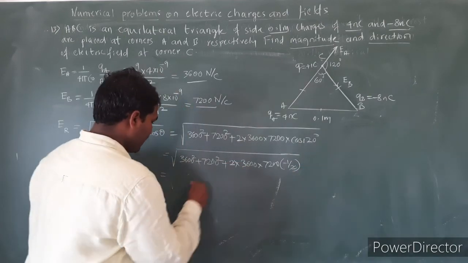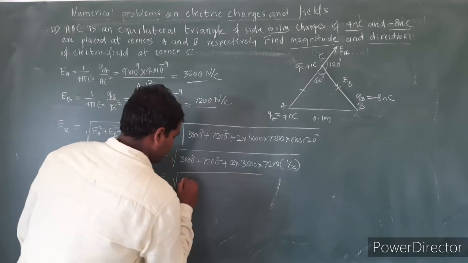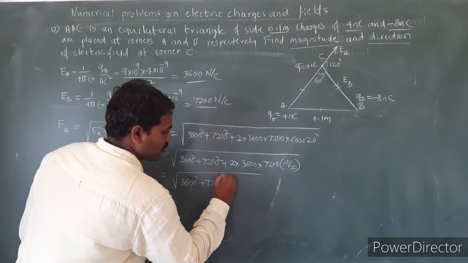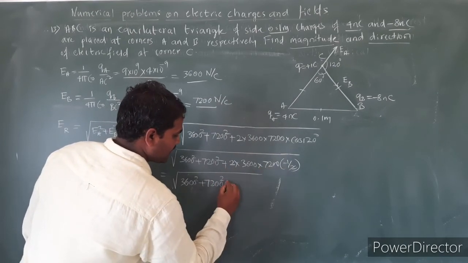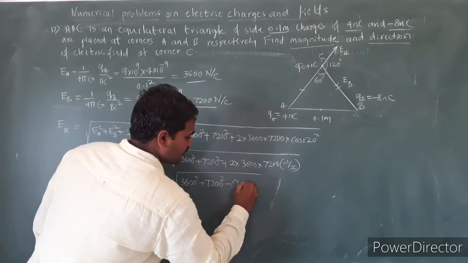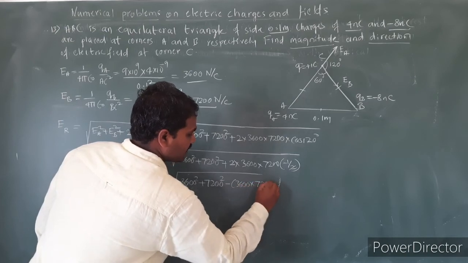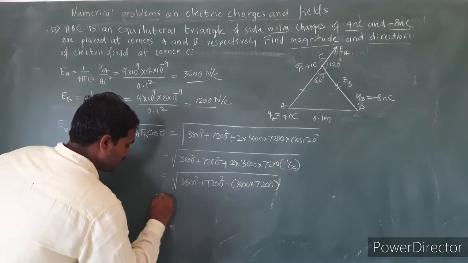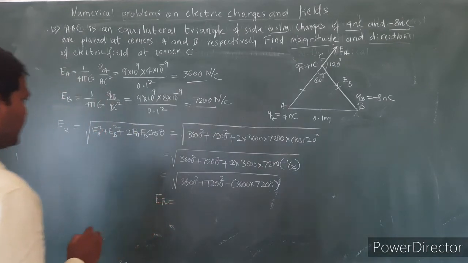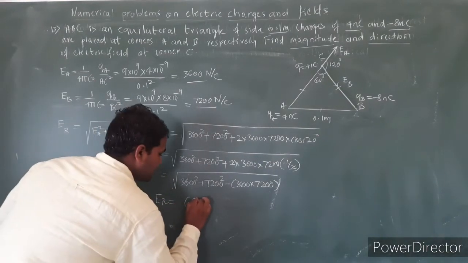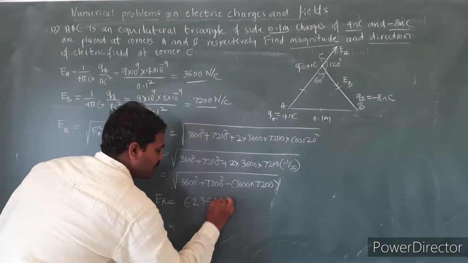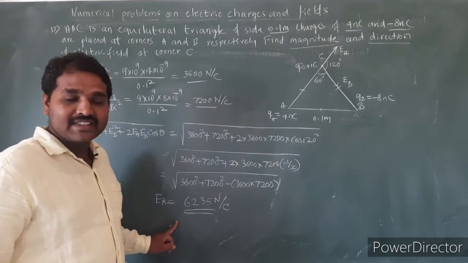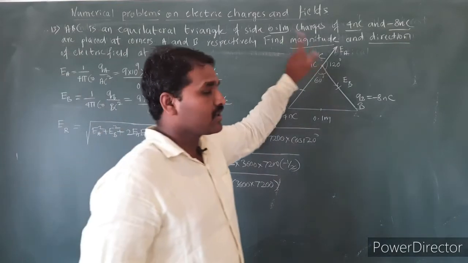If I simplify this, I will get square root of 3600 square plus 7200 square, this plus into minus will be minus here, minus 3600 into 7200. Okay, if I solve for this value, I will get the resultant electric field ER equal to 6235 Newton per Coulomb. Okay, so this is the magnitude of resultant electric field at corner C.